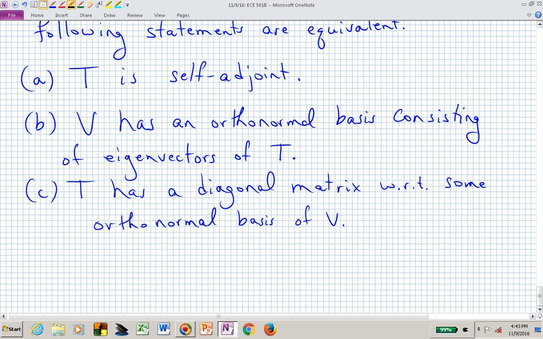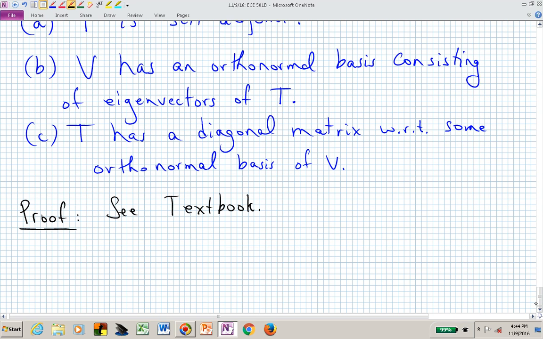And we're assured that we can find a basis on that vector space consisting of orthonormal eigenvectors. I'll refer you to the textbook on the proof, since we've already given you the preliminaries for that.